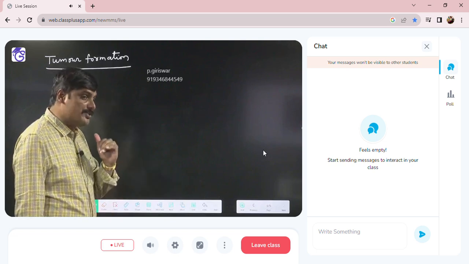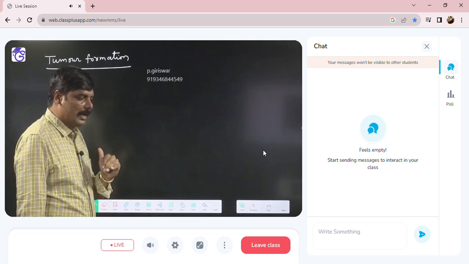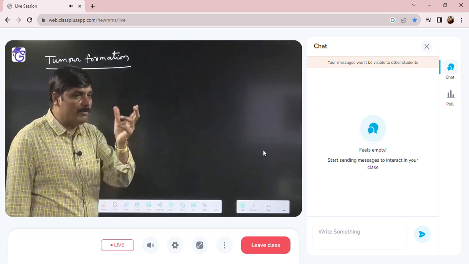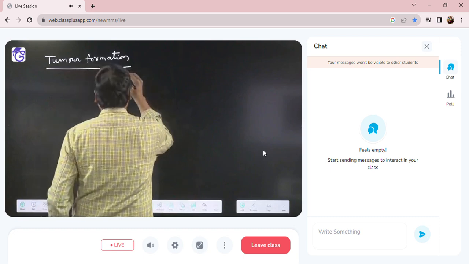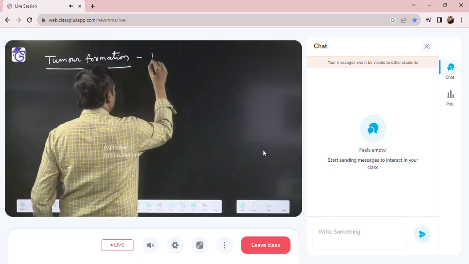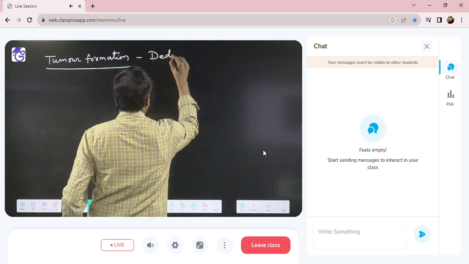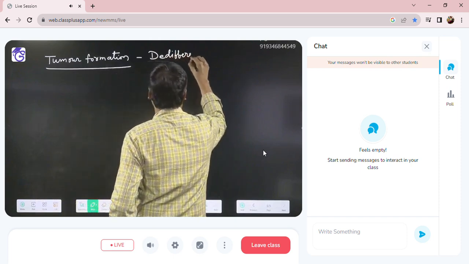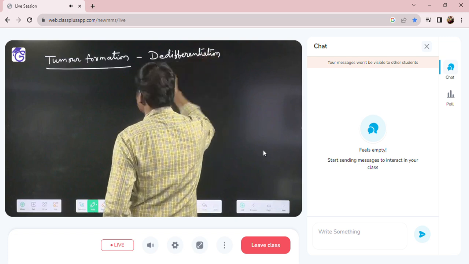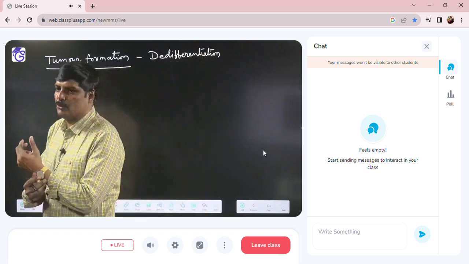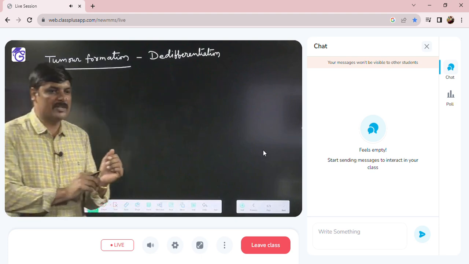A differentiated cell again differentiated and form a tumor. Right? So tumor formation is an example for de-differentiation. How can you say that formation of tumor takes place by de-differentiation process?